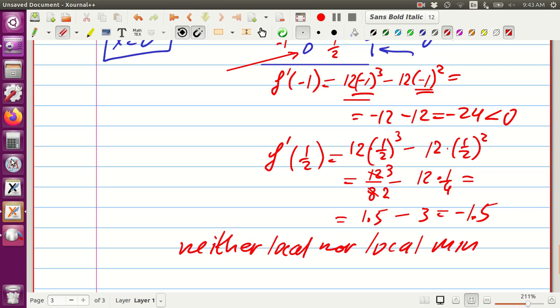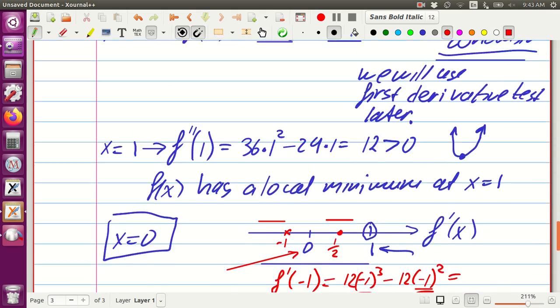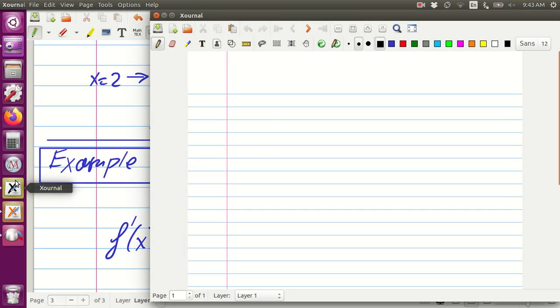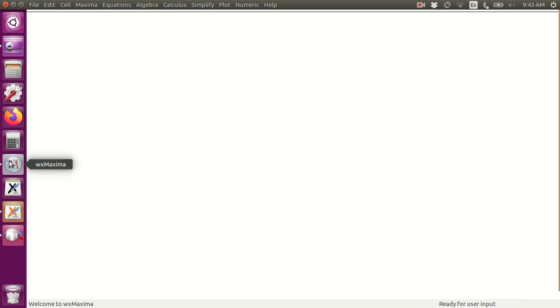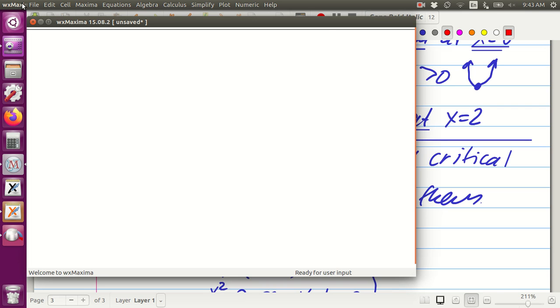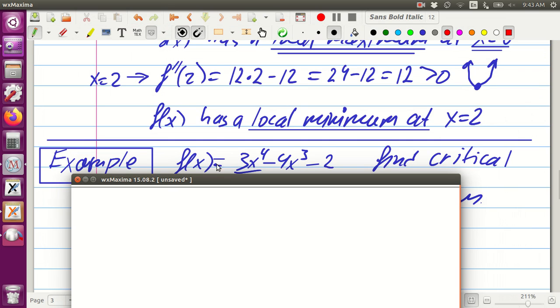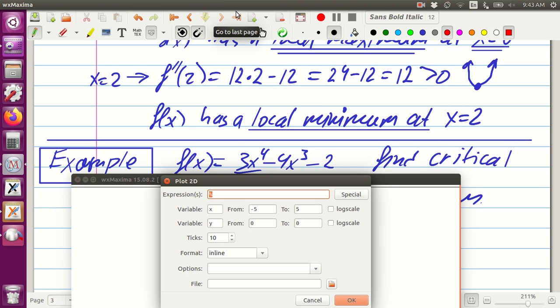And the last thing we can do is to plot this function to be sure that we did it right. So our function was 3x to the 4 minus 4x cubed minus 2. So we go to plots, we type 3 times x to the 4 minus 4 times x cubed minus 2.